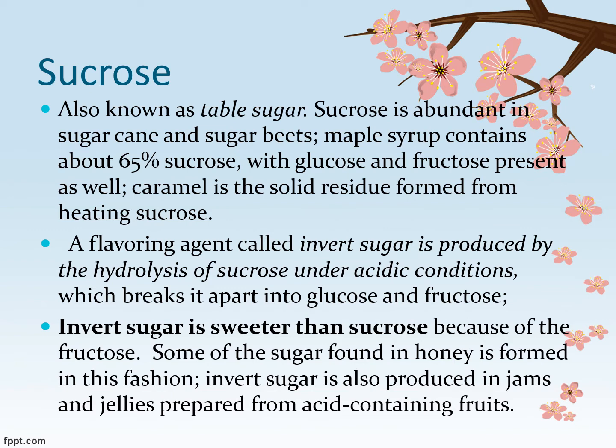Invert sugar is sweeter than sucrose because of the presence of the fructose after the hydrolysis. Some of the sugar found in honey is formed in this fashion, and invert sugar is also produced in jam and jelly prepared from acid-containing fruits, because the main criterion for invert sugar is acidic condition. So if we use acidic fruits, we can form invert sugar already.